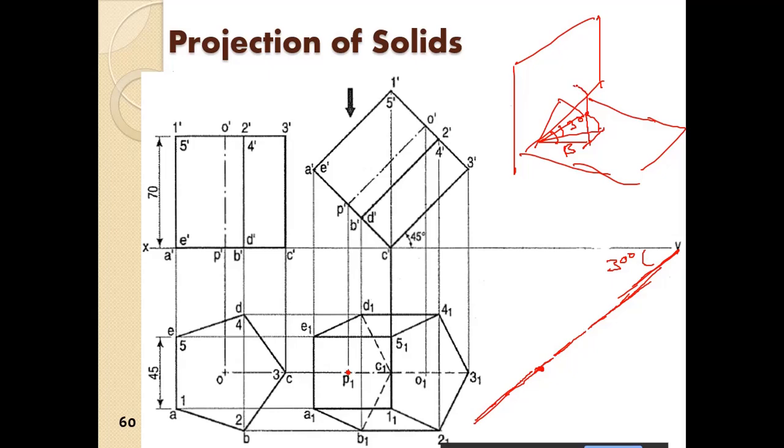If we rotate it in this manner and draw this line, that will be 45 degrees here and this will be alpha. So we have rotated either from this point to this point or from this point to this point, whichever way we did. Okay, so here we have marked the point P.